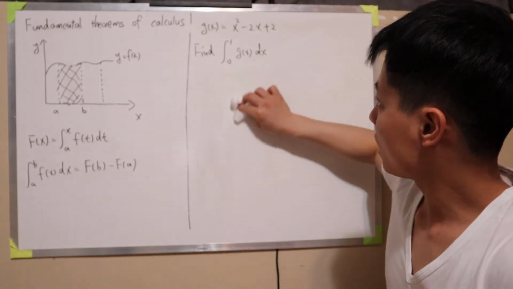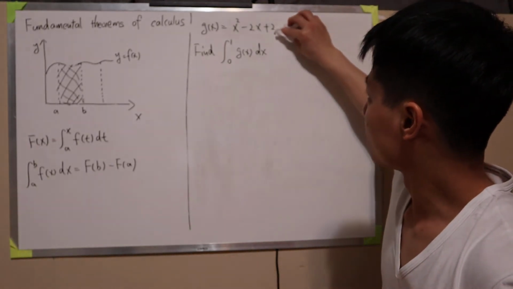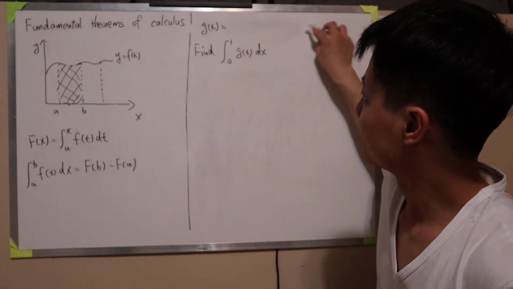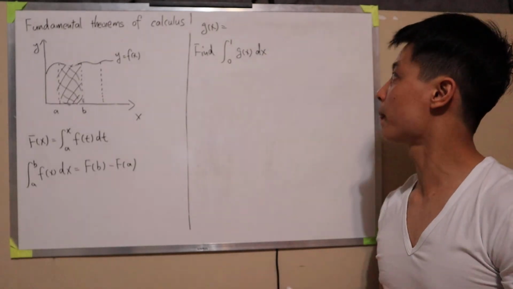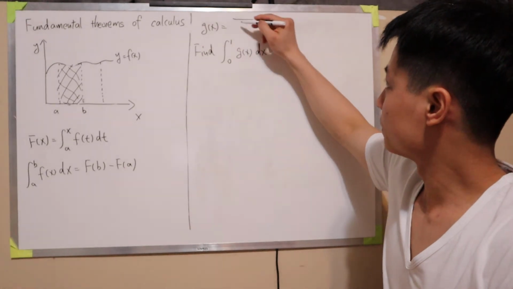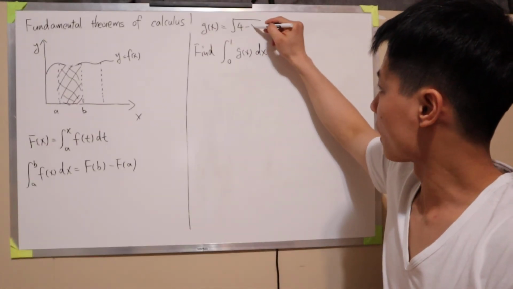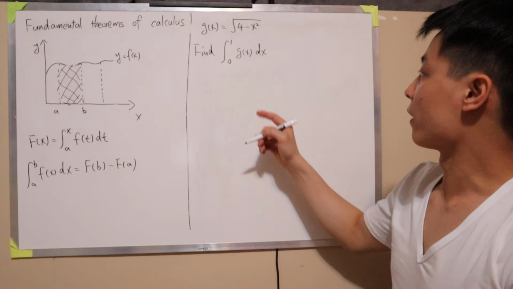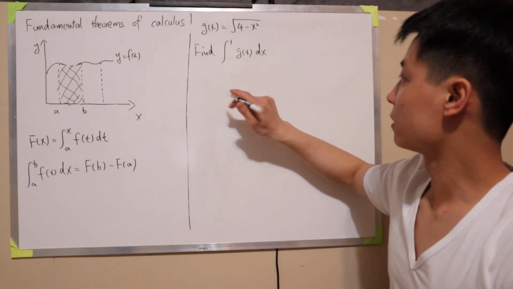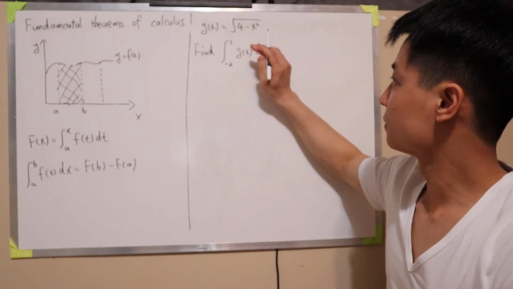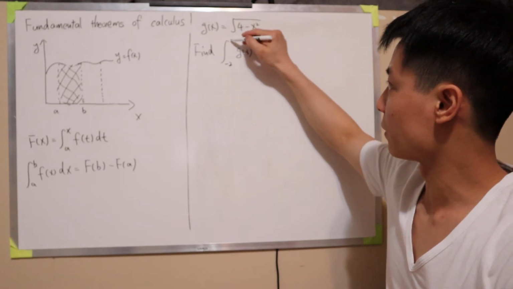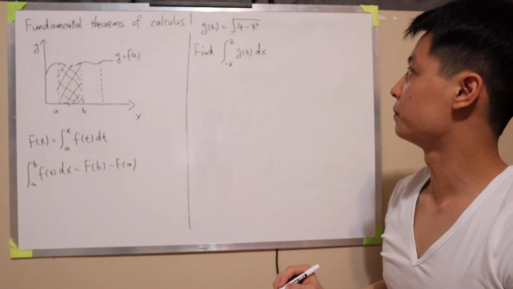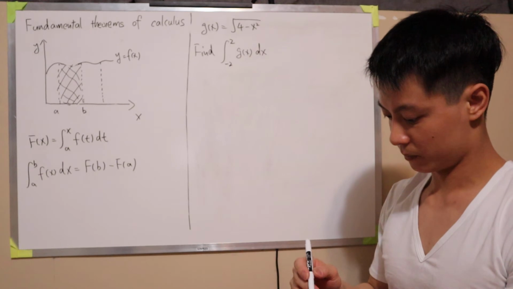Now I'm gonna change the function to g(x) equal to the square root of 4 minus x squared, and then I'm gonna change the lower bound here to -2 and the upper bound here to +2. So it's gonna be like this.